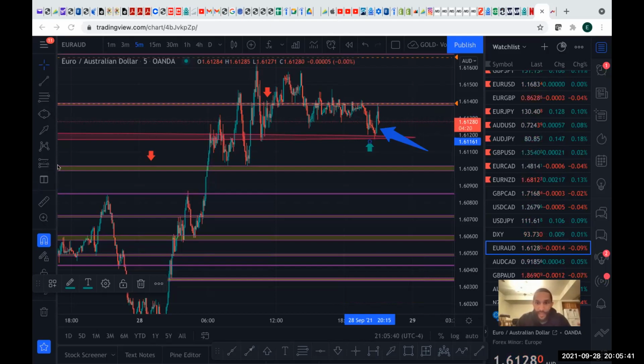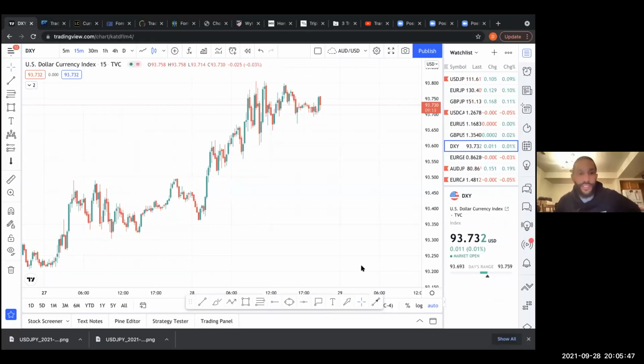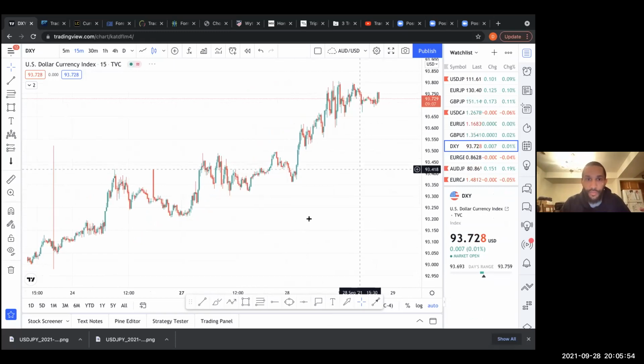We're gonna start off real basic with this because I really just started learning it the other day. I'm just gonna use the DXY chart just to have some open space, to give some examples on some triangles. The triangle pattern itself gives a lot of insight into future continuation patterns.